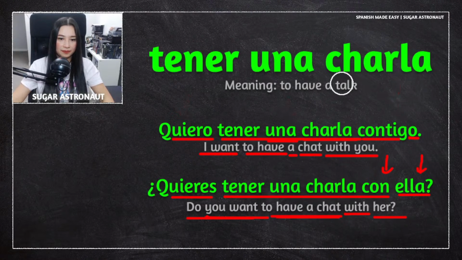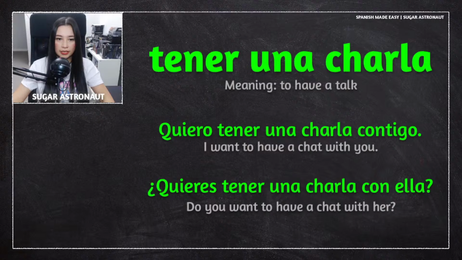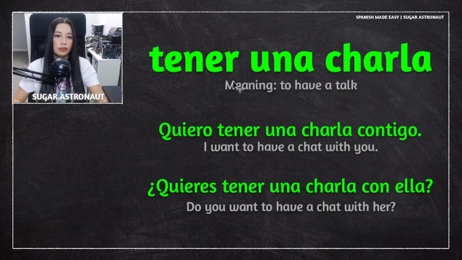Something important. Okay. So that is it, guys. Do you have any more questions? In order to use this phrase, you need to know the conjugation of the verb tener. Yo tengo, tú tienes, él tiene. Yo tengo una charla con mi padre.